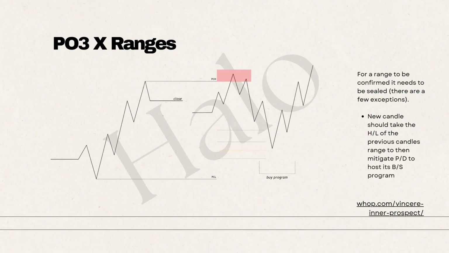For a range to be confirmed, it needs to be sealed. There are a few exceptions for this logic. Now, what do I mean for a range to be confirmed, it needs to be sealed? What pisses me off a lot, and I see this happen very frequently, is I see people get open, low, high, close, right?